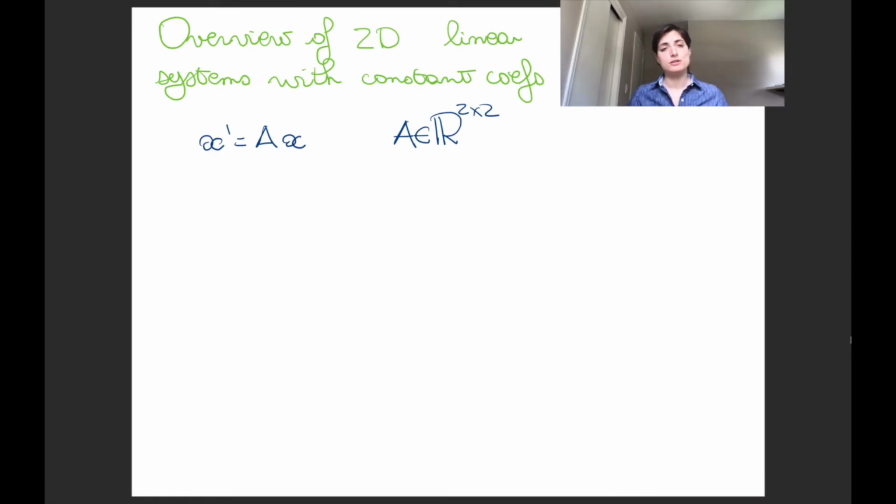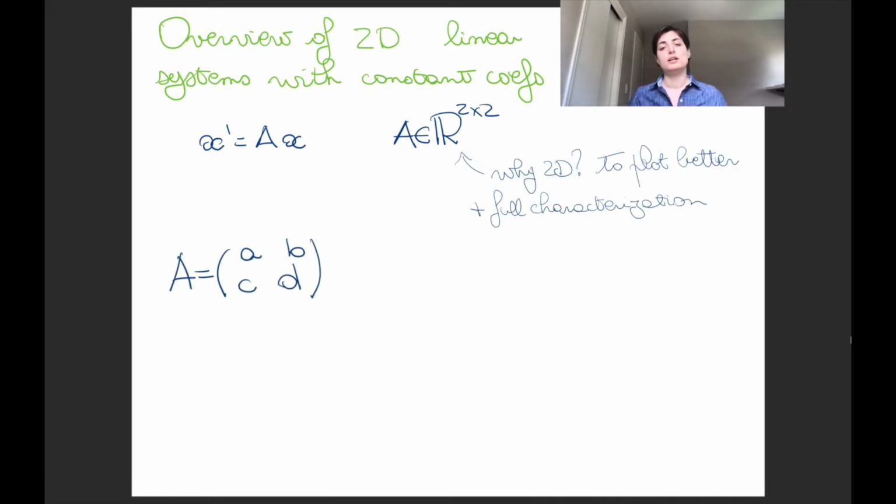We're going to look at 2D linear systems with constant coefficients. During chapter 7, we have seen linear systems with constant coefficients. And now we focus a little bit more on 2D just because it's easier to plot. It makes for nicer plots because we don't have to handle 3 dimensions.